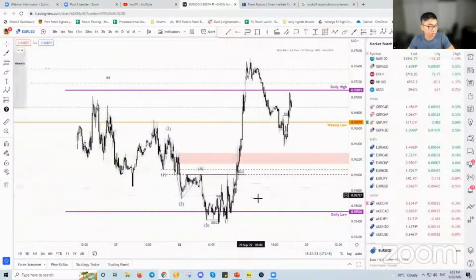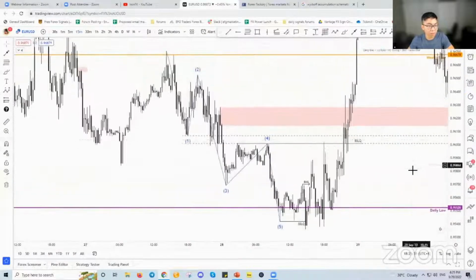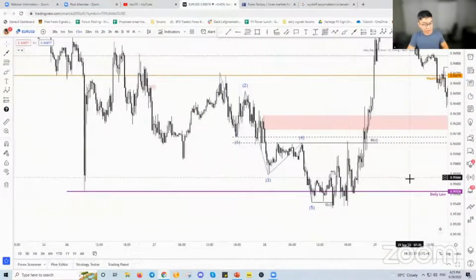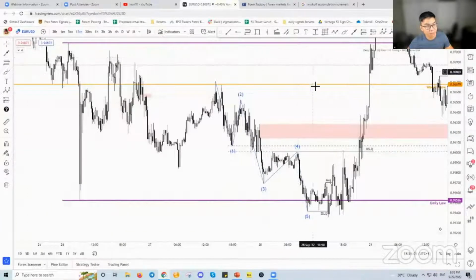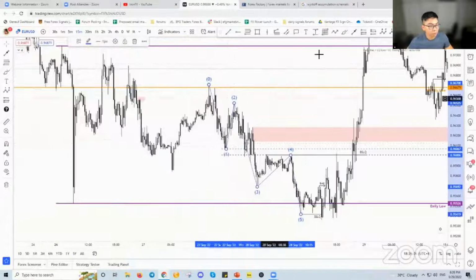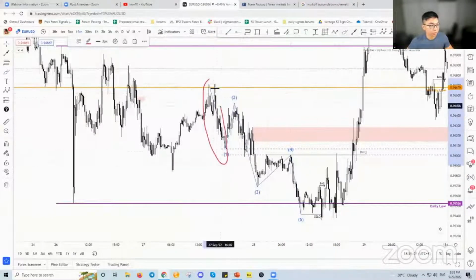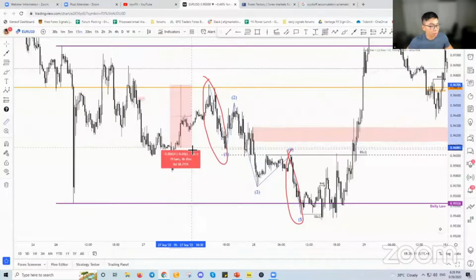Yesterday, there was a very nice Elliott wave. Look at this. This is one of the nicest proofs of the concept of Elliott wave working. Wave 0 to 1, and wave 4 to 5. Let's check the range. It's exactly 63.7 pips.